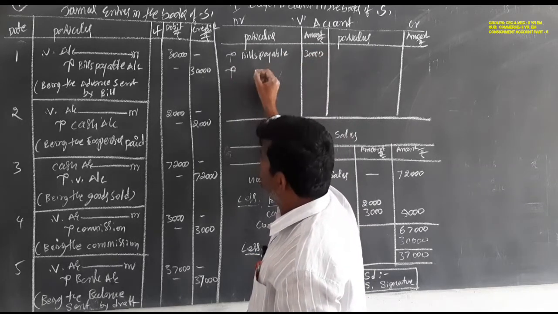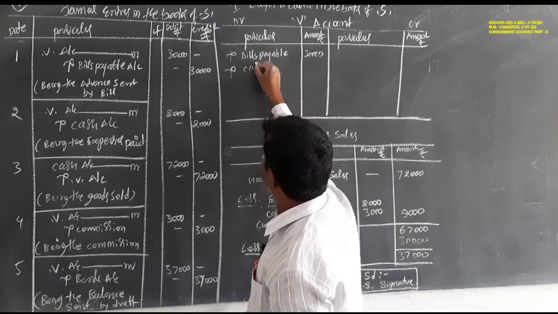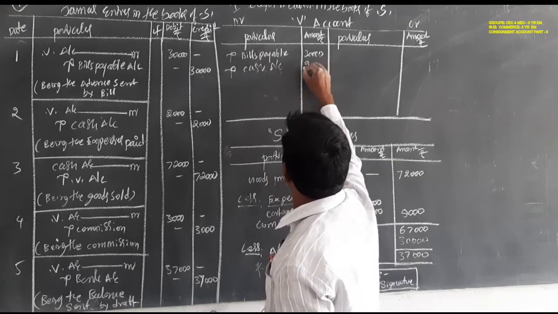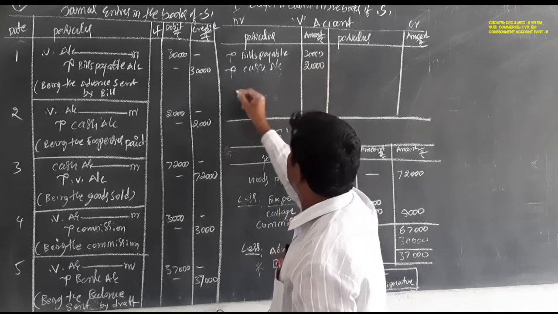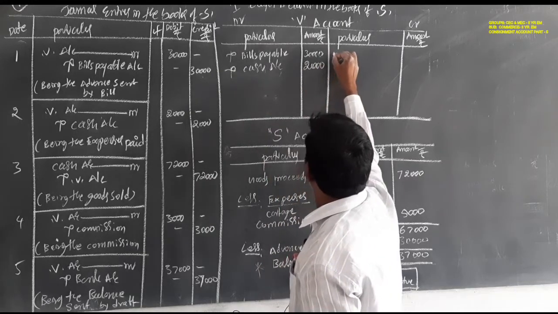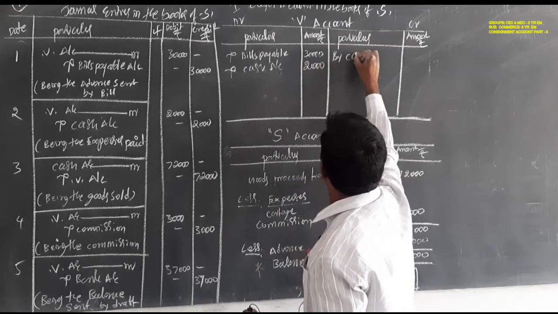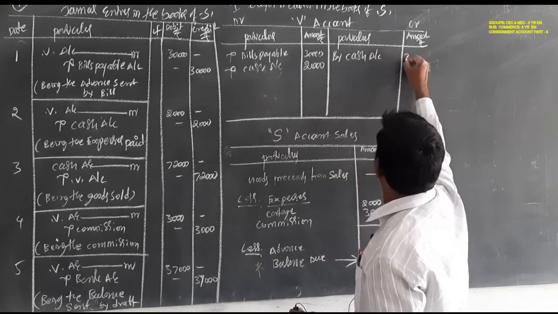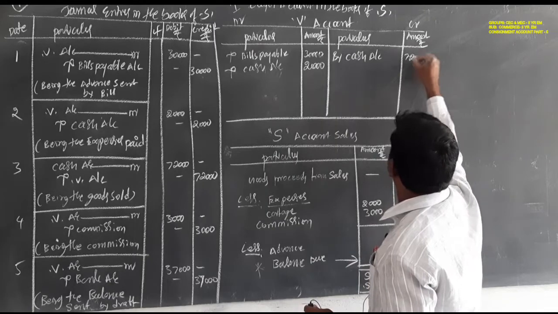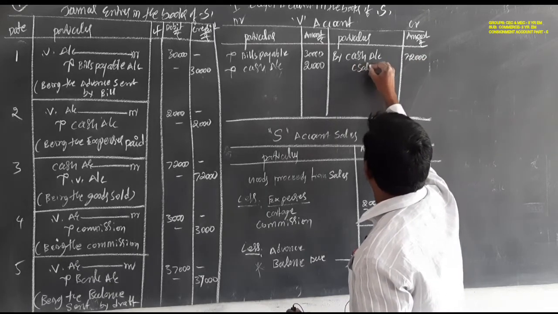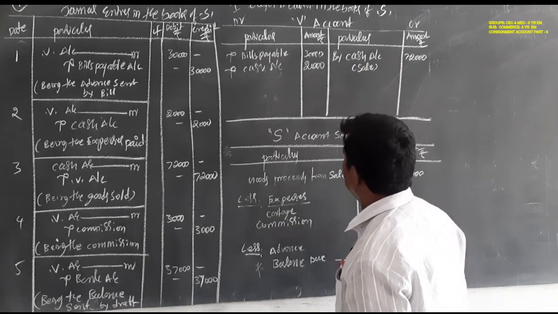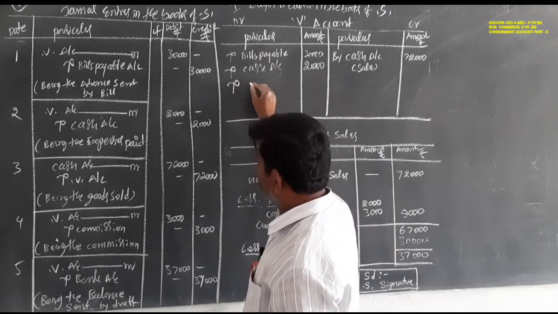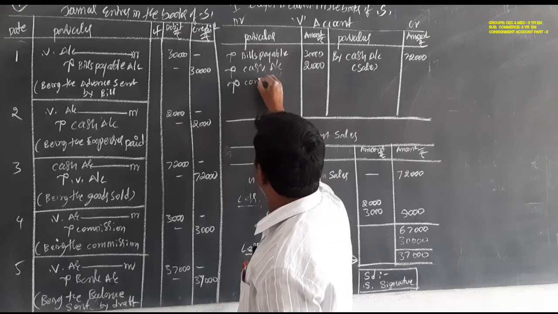Next, expenses to cash account, amount is 2,000 rupees. Next, sales by cash account, amount is 72,000 rupees for sales. Next, commission to commission.